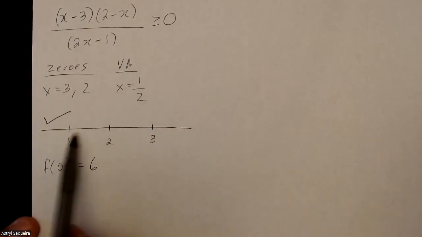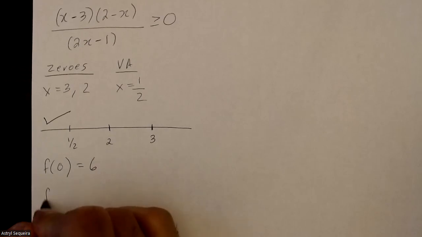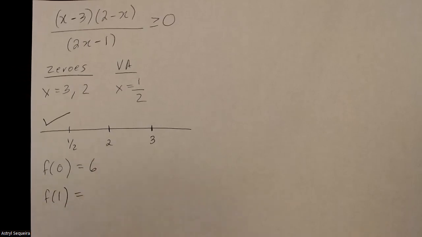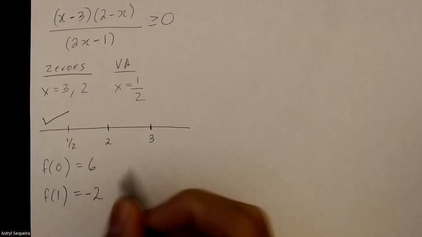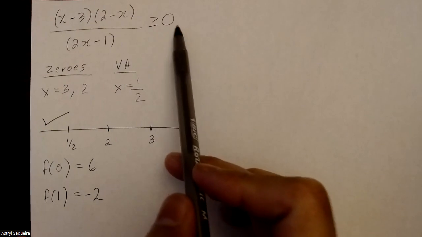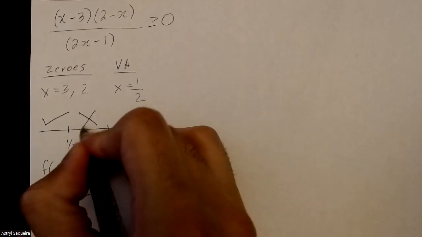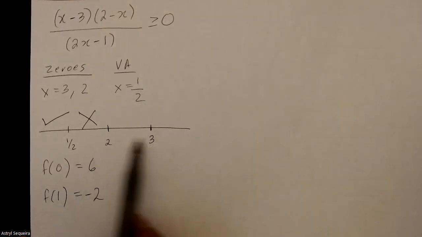Next, I'll pick a value between these two. I'll pick +1. If I sub in 1 into this equation, I get -2. -2 is not greater than or equal to 0, so this range is no good. Pick a value between these two.